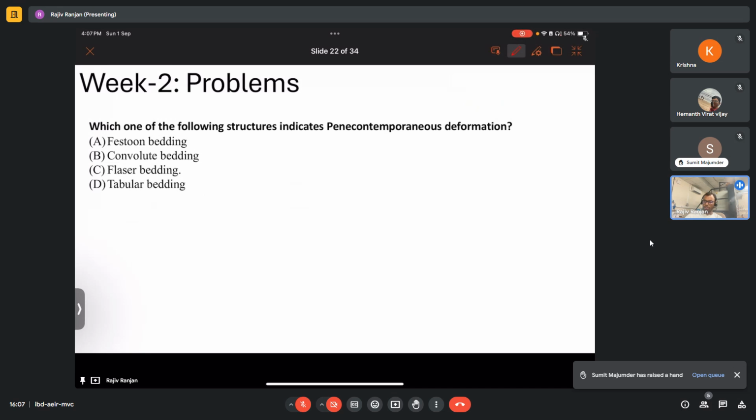Which of the following structures indicates penecontemporaneous deformation? I discussed penecontemporaneous structures, you know what it means.